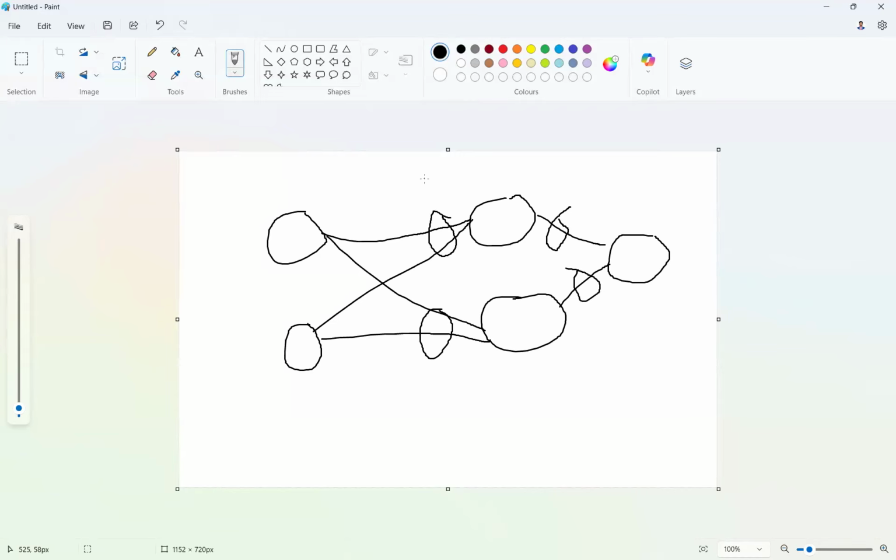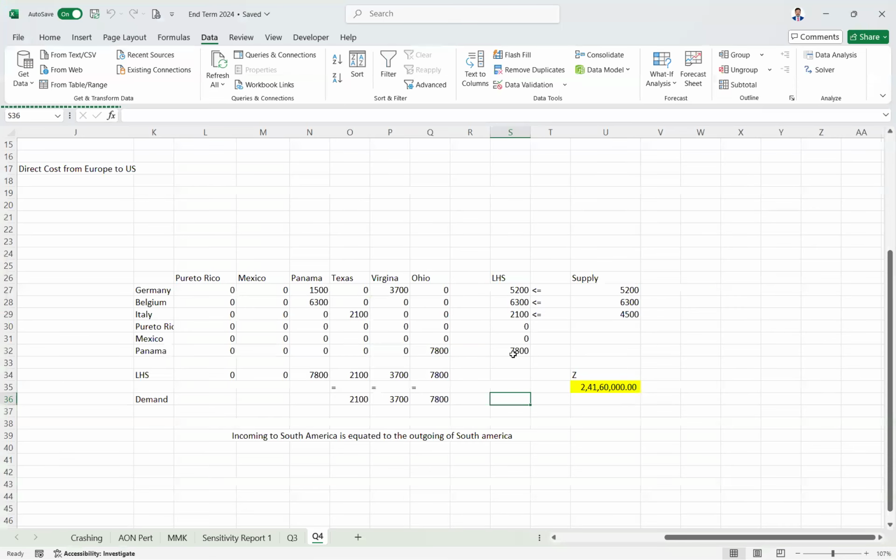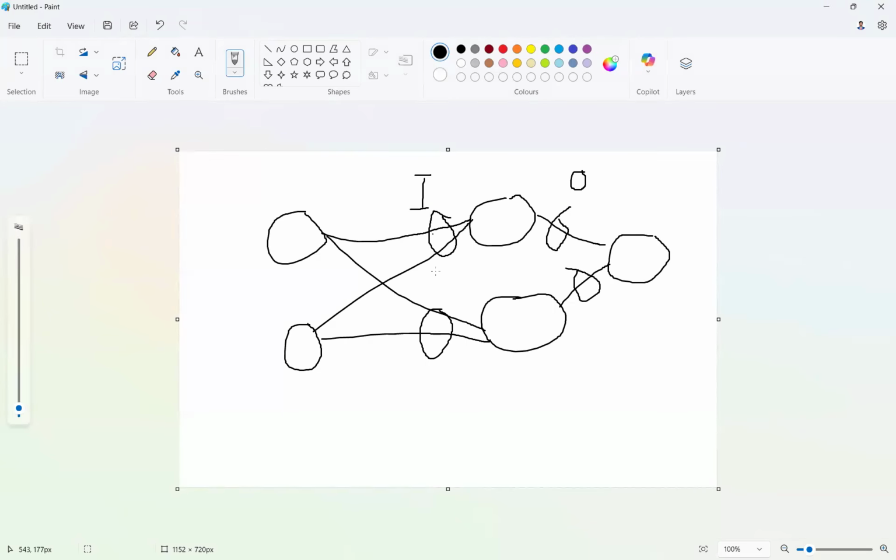This is incoming equal to outgoing. This is basically what we have done in this solution. For Panama, there are 7,800 incoming and 7,800 outgoing, because Panama is an intermediate node. You can't store anything over there. Whatever comes to the middle nodes is sent forward, it is not stored. So in that case, you can simply use this concept: incoming is equal to outgoing.